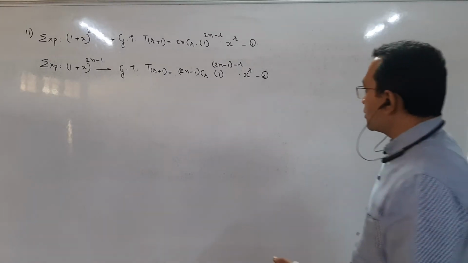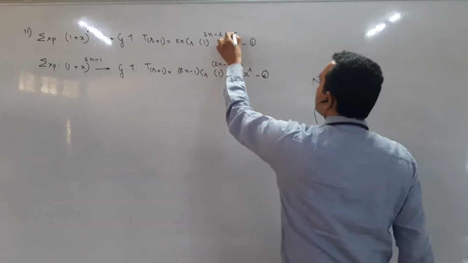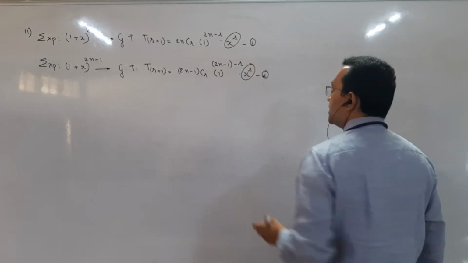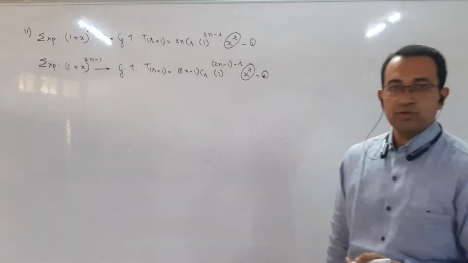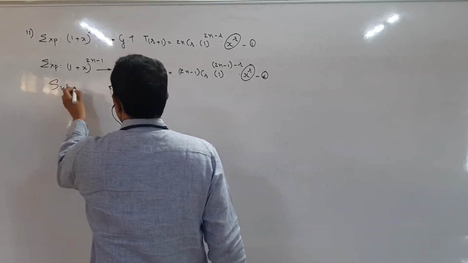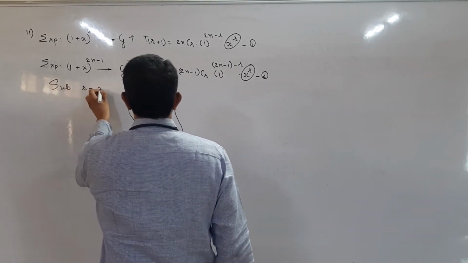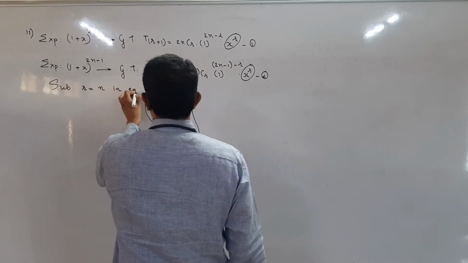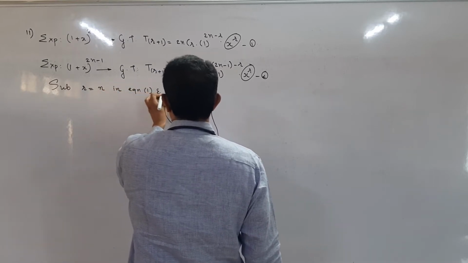Now for the coefficient of x^n in both the equations, I need to substitute r = n.